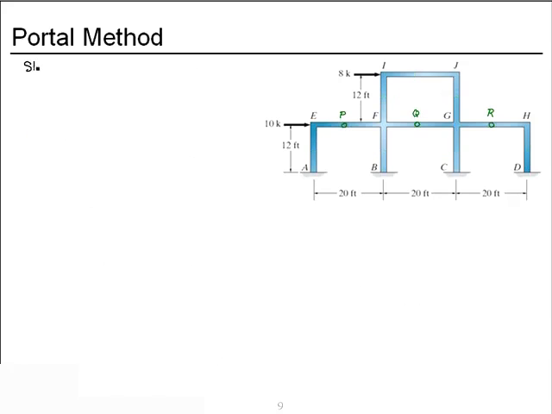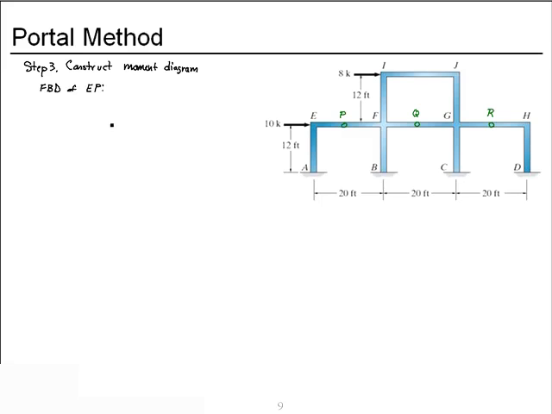Now let's focus on constructing the moment diagram. But before I can actually generate it, I need to know internal loadings at the rigid connections in the girder. So I'm going to start with a free body diagram of piece EP.